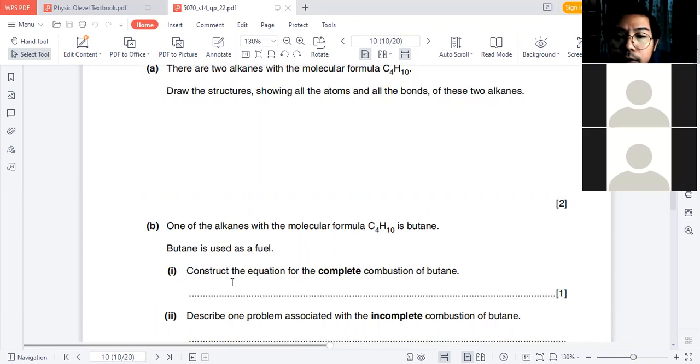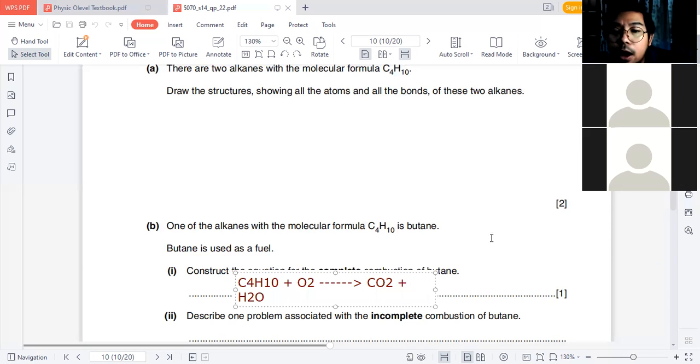You have C4H10 plus O2 will give me CO2 and H2O.